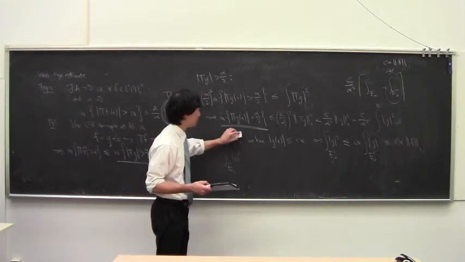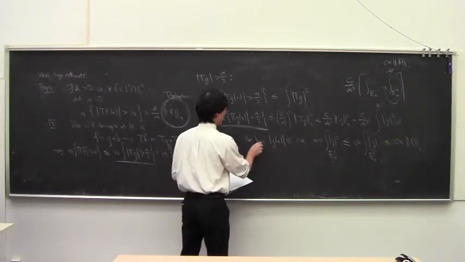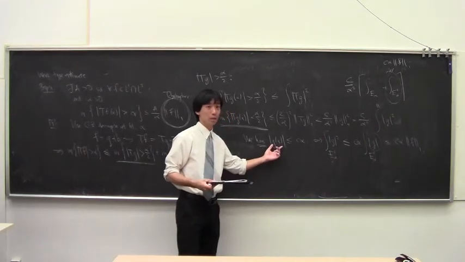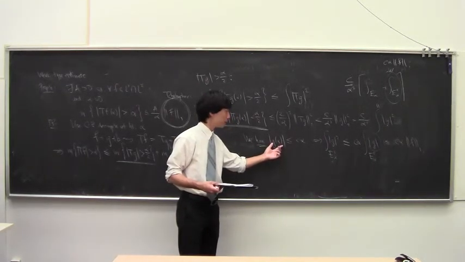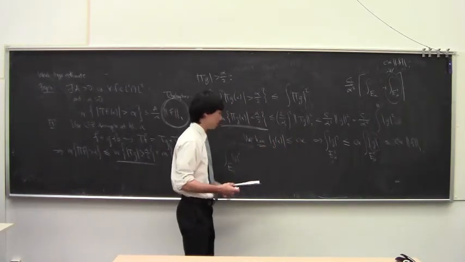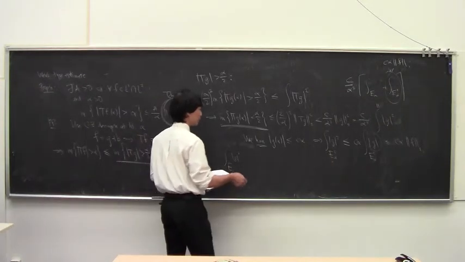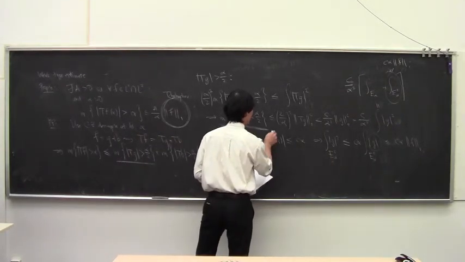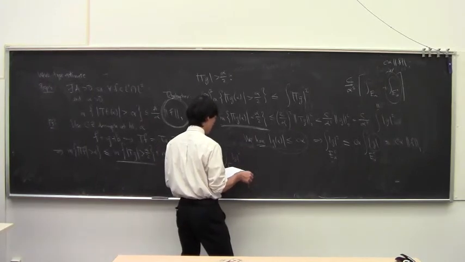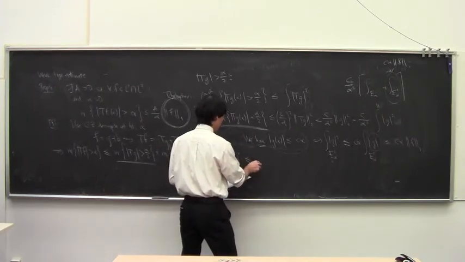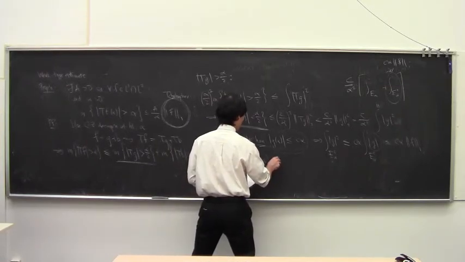We didn't just have this on E alpha complement, we had this on the whole space: g was controlled by C alpha. So we'll use that here as well. The size of g of x is controlled by C alpha, and so this is controlled by C squared alpha squared times the measure of E alpha.